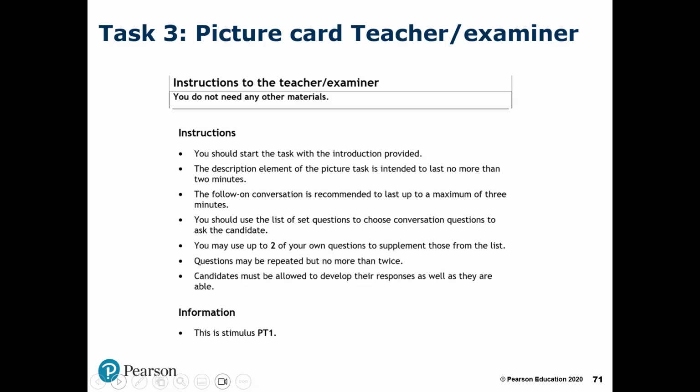You should use the list of set questions to choose conversation questions to ask the candidate, but you may choose up to 2 of your own questions. We've talked about that. Questions may be repeated, but no more than twice, and candidates must be allowed to develop their responses as well as they're able.